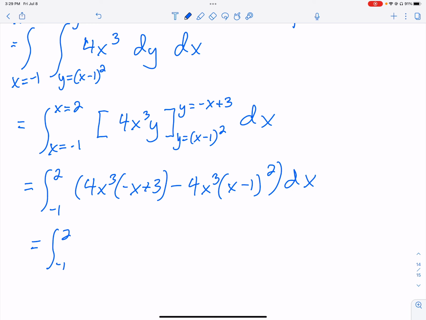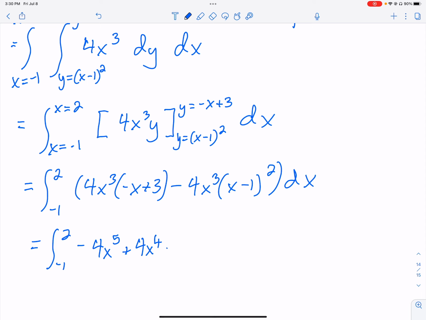Right, let me see, one sec. Okay, so we get, I'm trying to, negative 4x to the fifth, right? Plus 4x to the fourth, right?